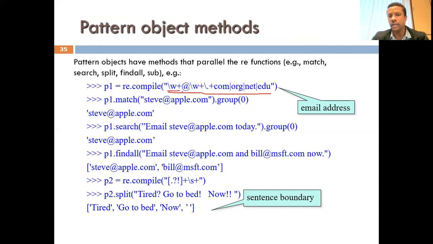Alphanumeric, any number of times, the @. Alphanumeric, any number of times with the dot, then a choice of either to have a com, or net, or edu. Then once you compile it, P1 is a compiled pattern. You can say P1 search, P1 find ማለት እንችላለን, or P1 sub, P1 split ማለት እንችላለን ማለት ነው. So this is one method that you can use.